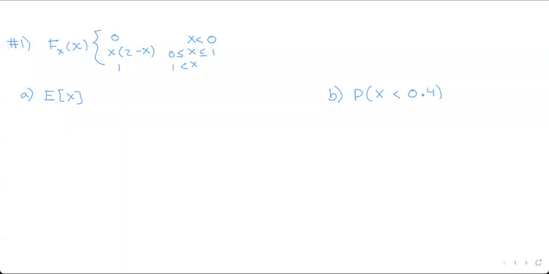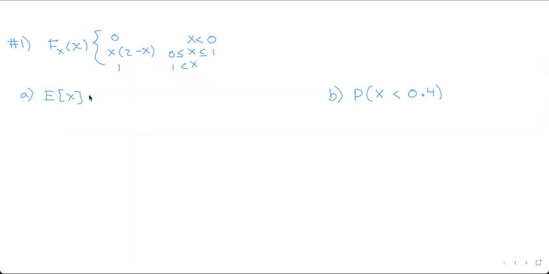So for problem 1 in the final practice exam, we're given a CDF, and for part A, we're asked to find the expectance of x. Before we get started, I think it's important to determine whether this is a continuous or discrete random variable.